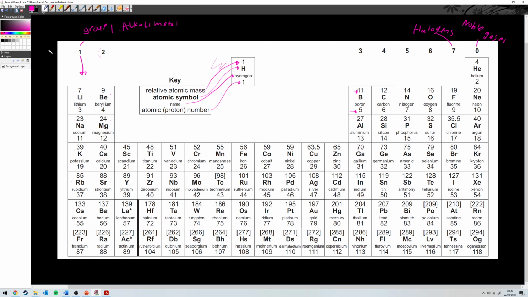Now you also need to know, and I'm going to do this one in green, the period. Period 1 starts here, and period 1 has hydrogen and helium in it. Period 2 starts here, and it has lithium, beryllium, boron, carbon, nitrogen, oxygen, fluorine, neon. You get the idea. Period 3, period 4.